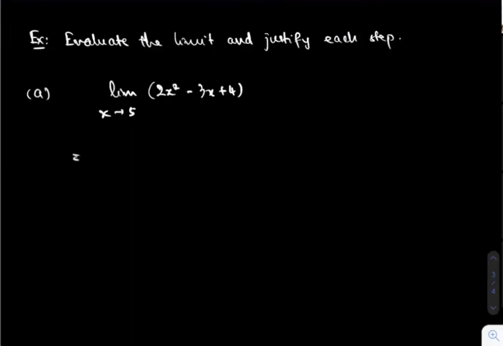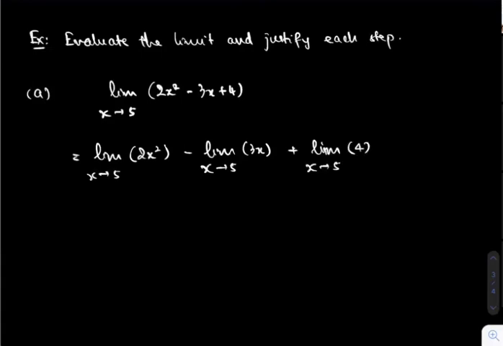Now what you can do is rewrite this limit as the limit of 2x squared as x goes to 5, minus the limit of 3x as x goes to 5, plus the limit of 4 as x goes to 5. For the first 2 limits, you can also apply the constant multiple law.